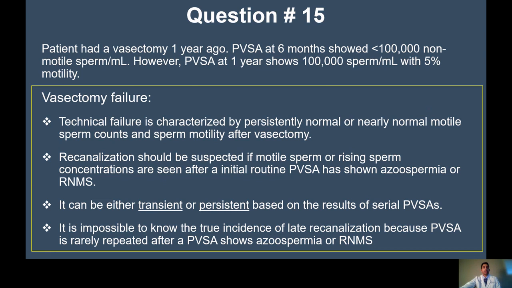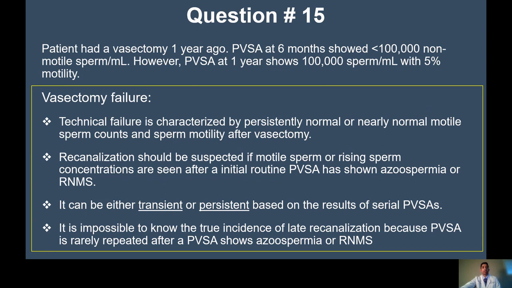However, recanalization should be suspected if motile sperm or rising sperm concentrations are seen after an initial routine post-vasectomy semen analysis has shown non-motile sperm or azoospermia. So that is what we have in this clinical situation, which is recanalization. Recanalization can either be transient or persistent based on the results of serial post-vasectomy semen analysis.